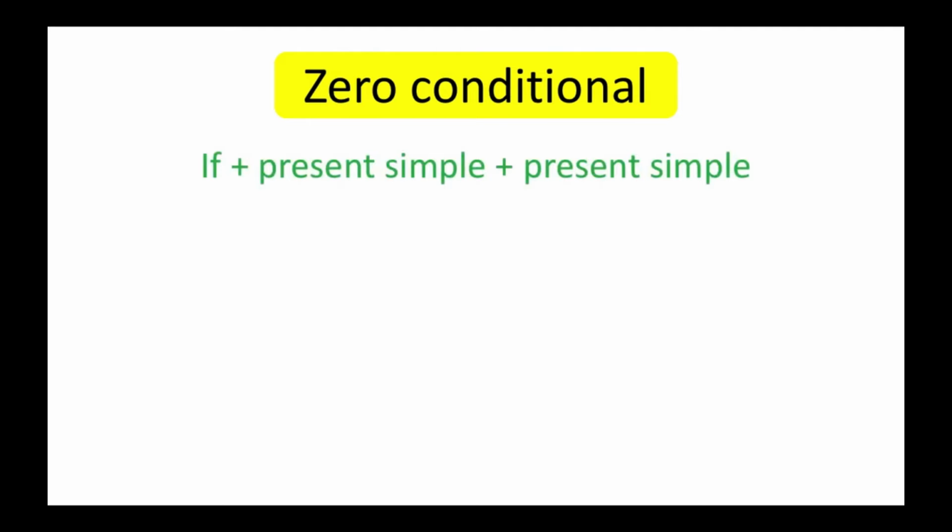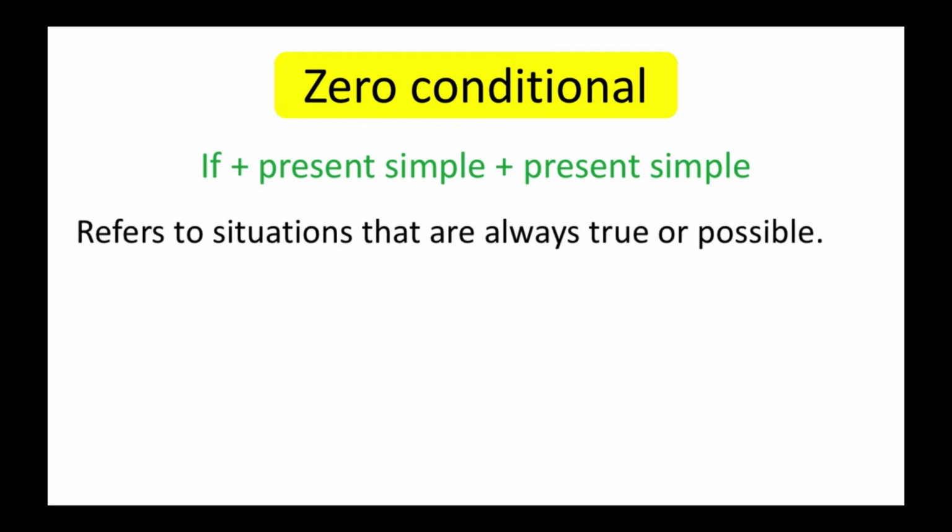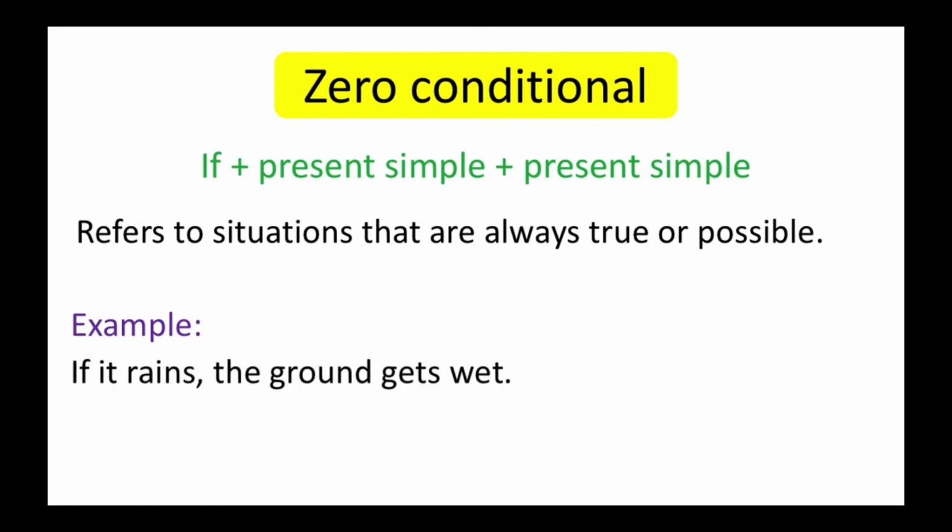Kids, remember that it's pretty important that you recognize all of them. Firstly, we have the zero conditional. We have the structure here: if plus present simple plus present simple. It refers to situations that are always true or possible. Here is an example: if it rains, the ground gets wet.